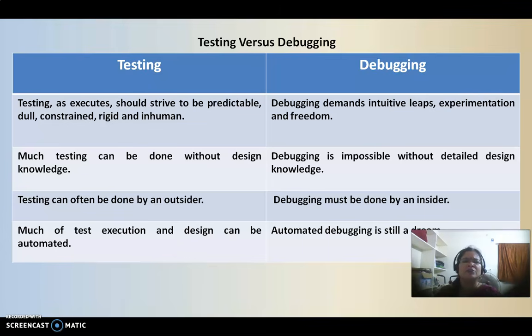Multiple testing tools are available. Testing has been automated for many years, whereas debugging cannot be automated, because debugging is tied with the programming itself. While executing the statements of the program, the programmer himself can test the particular program for whatever errors are there in it.